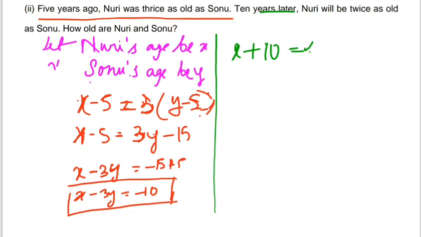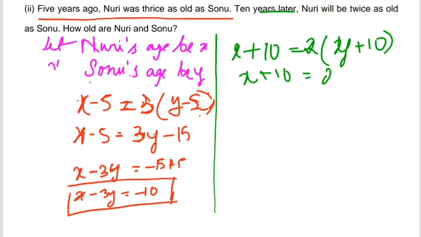So 2 into, twice the age of Sonu, y plus 10. So x plus 10 is equal to 2y plus 20.